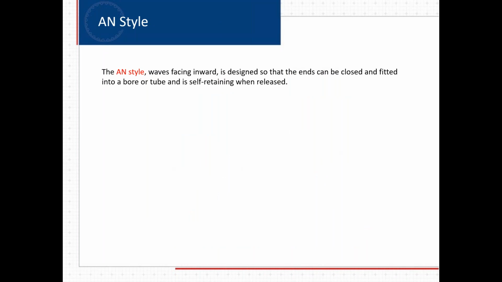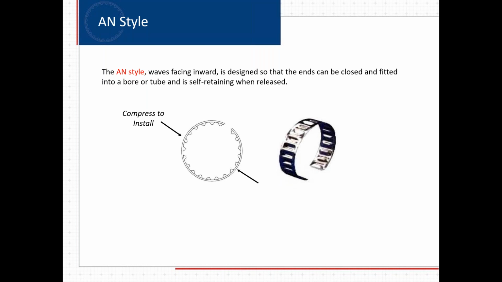So I mentioned that an AN style tolerance ring has the bumps or waves facing inward. They're designed to be installed by slightly compressing the sides. There's typically a gap between the ends of an AN style ring in the free state. Now, when would you use an AN style ring?